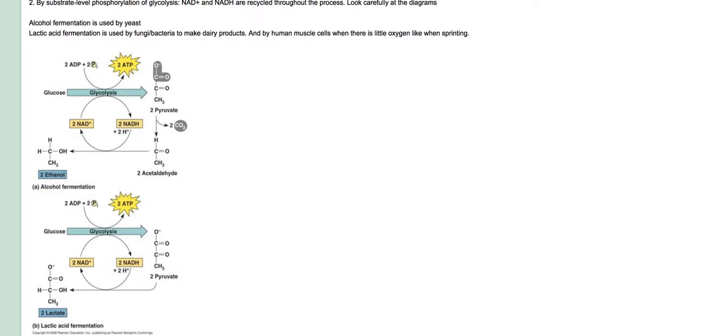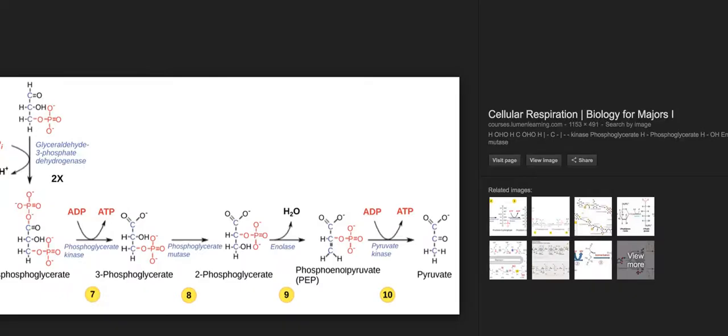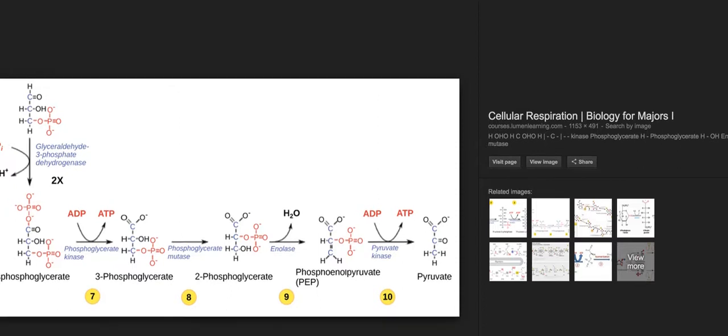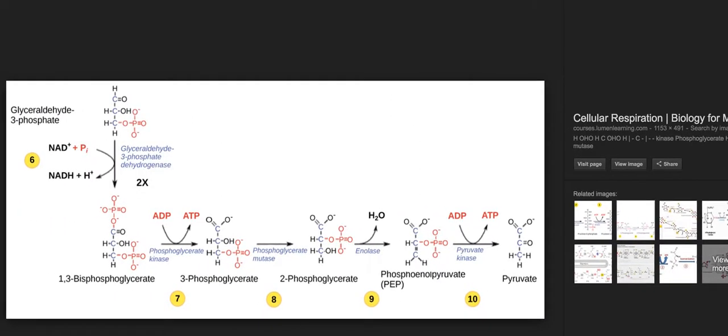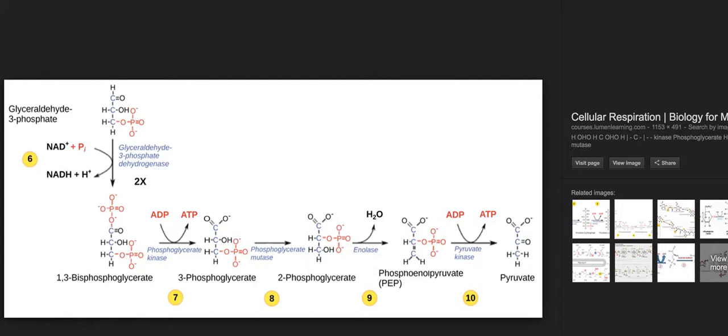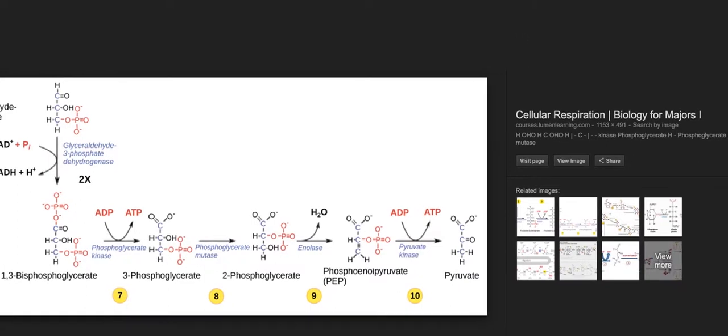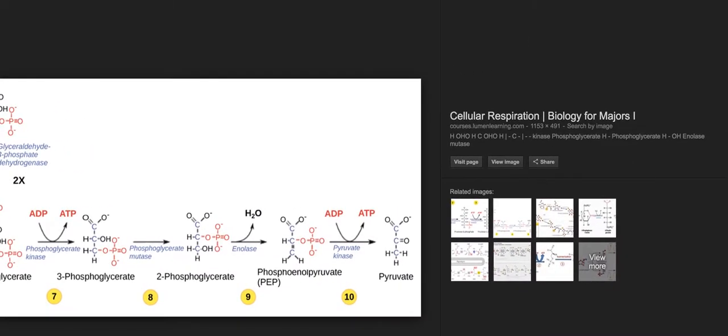Looking back on this step here, we actually put in NAD plus and a phosphate. But if we went through the Krebs cycle, this would be recycled. So the final step in anaerobic respiration is we have to regenerate that NAD. And we do that here.